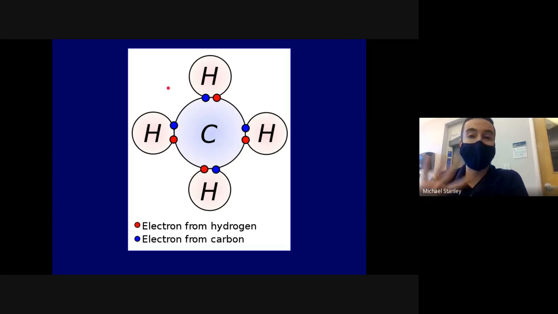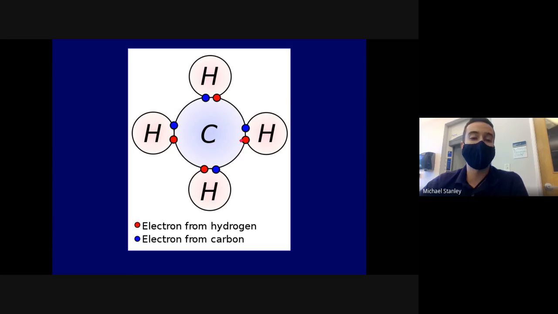So by bonding to 4 hydrogens, each one of these hydrogens shares its electrons with carbon, and carbon shares right back. The hydrogens all get 1 electron shared with them, so they each feel like they have a full set of 2 on their outer shell. Carbon is getting 4 more electrons shared with it.